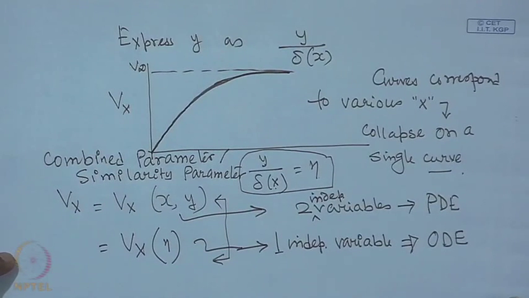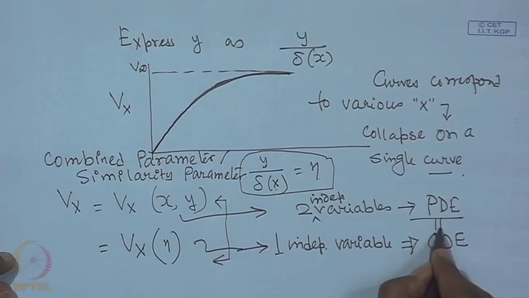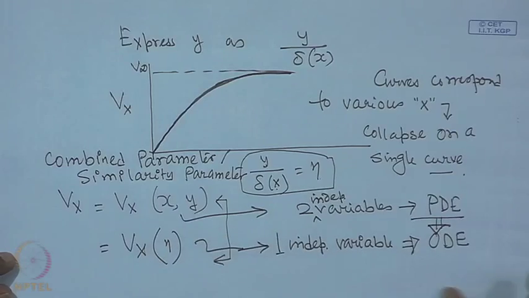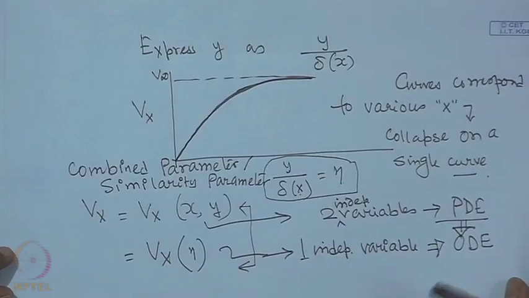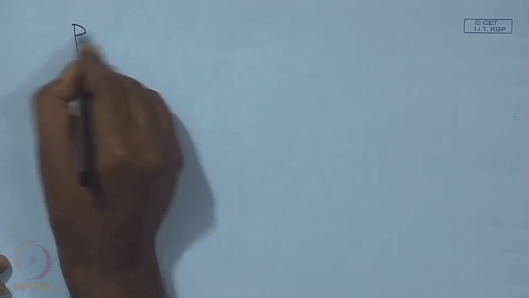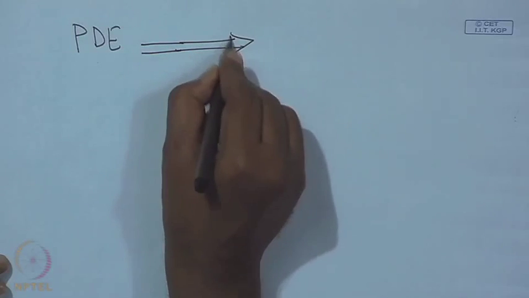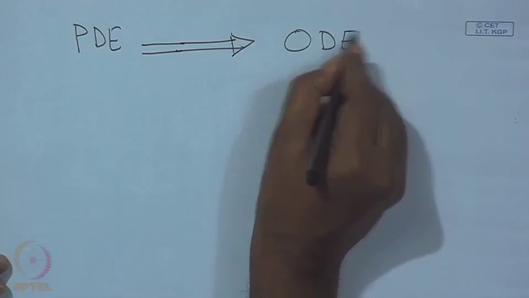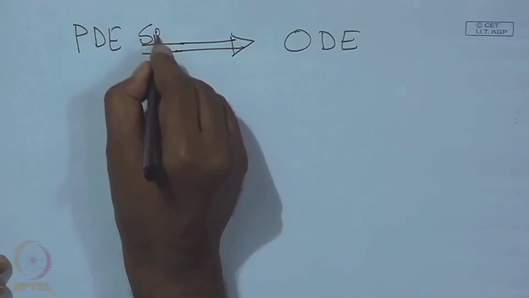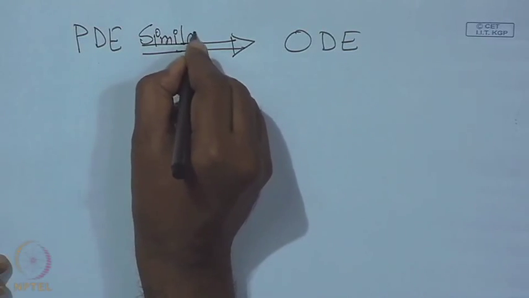So, once we get that, that means in terms of similarity parameter, the partial differential equation can be boiled down into an ordinary differential equation. That is the beauty of similarity transformation. The partial differential equation gets transformed into an ordinary differential equation by using similarity transformation.